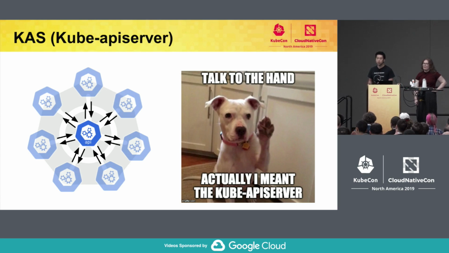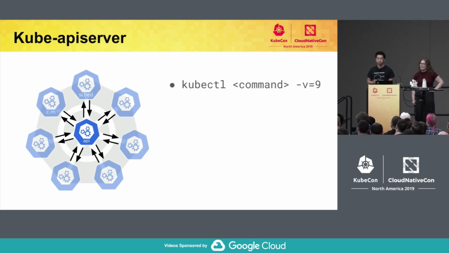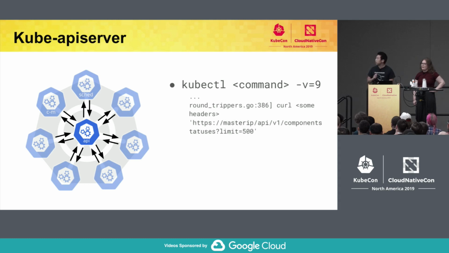So how do components communicate with the API server? Well, the Kube-apiserver provides a RESTful HTTP API that the components will interact with. And we can actually examine this by adjusting the verbosity of any kubectl command. If you set the verbosity of a kubectl command to 9 or 10, you can see the output, which will let you copy and paste and directly curl from the terminal.